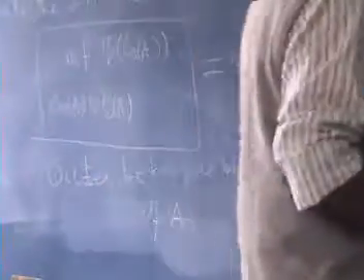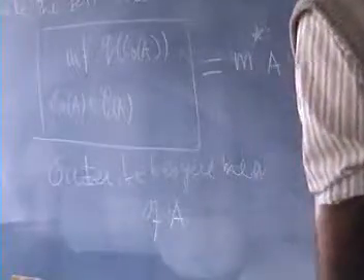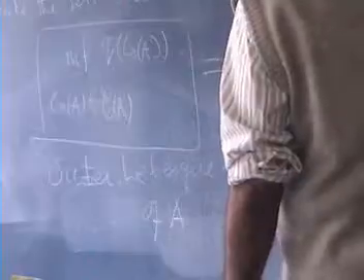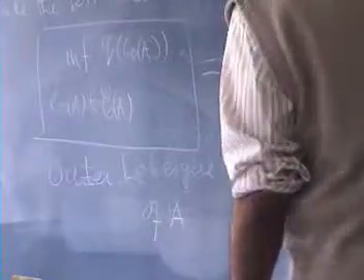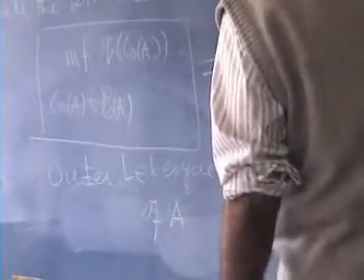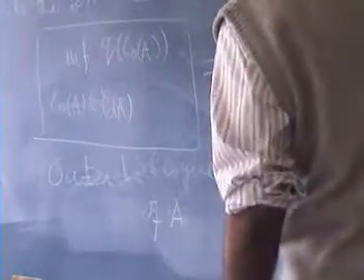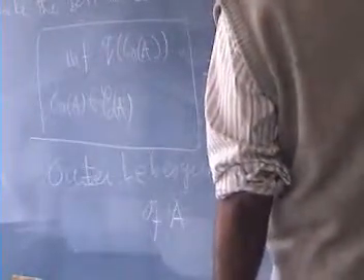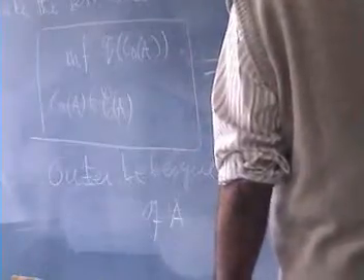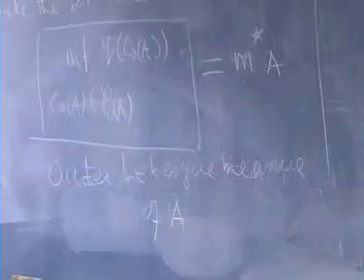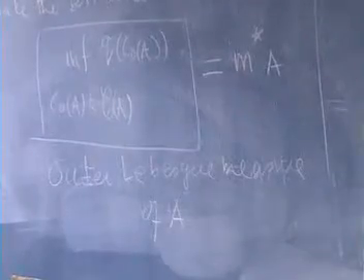Therefore, we have a quantification of every subset of R. Take any set here, we have a quantification, namely the outer measure.